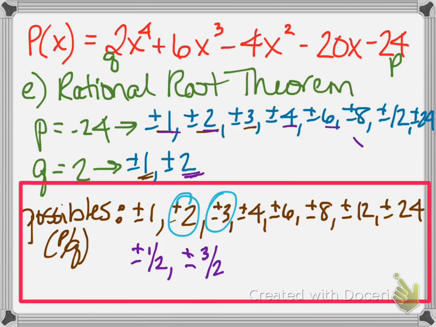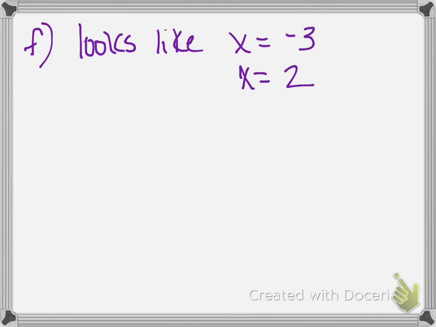Also remember, if from the graph I get a decimal answer, I'm going to check to see if it matches the fraction. If it matches the fraction, you use the fraction to do your synthetic division. You do not use the decimal, because more times than not, the decimal is rounded and you're not going to get nice answers. So you always use the fraction. But in this case, we have whole numbers, so I don't have to worry about that.